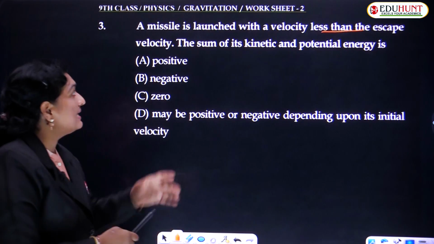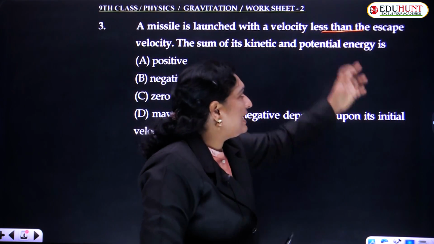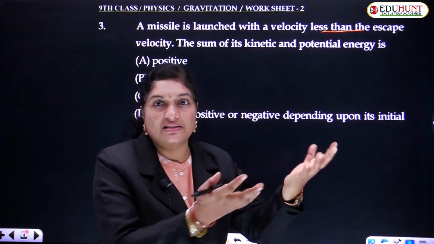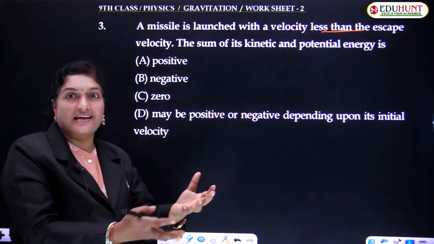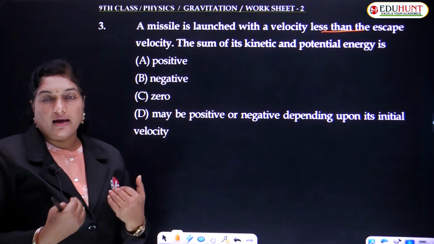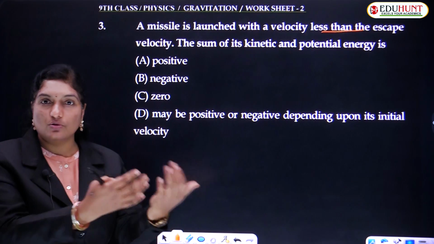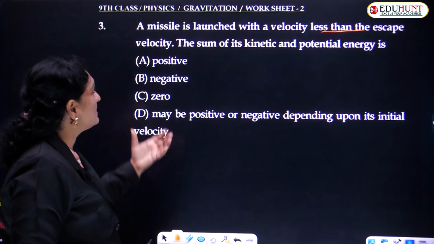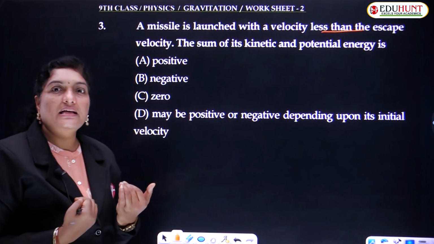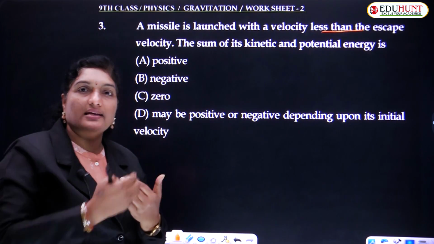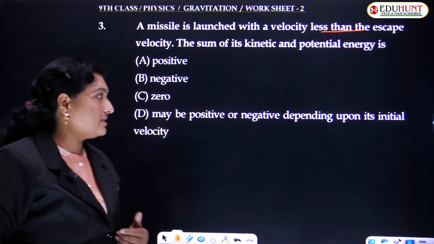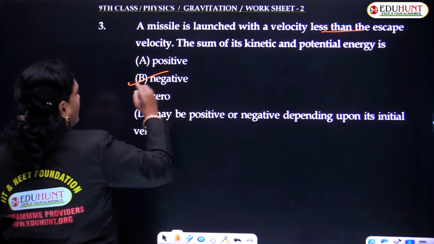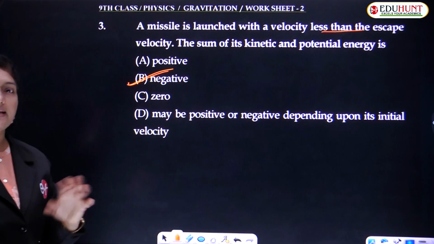But as it is launched with a lesser value than the escape velocity, it has lesser energy, so that it will come back to the surface. Coming back, you take it as negative; going away, you take it as positive. So here we have to consider the total energy as negative.